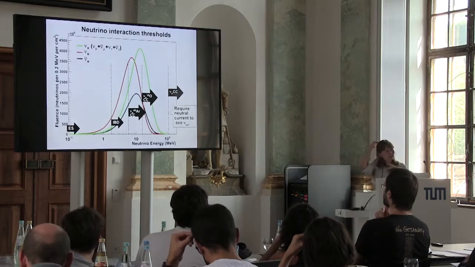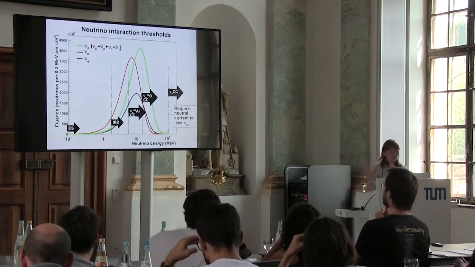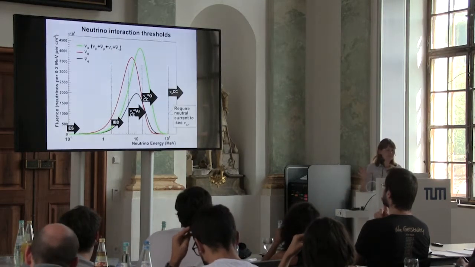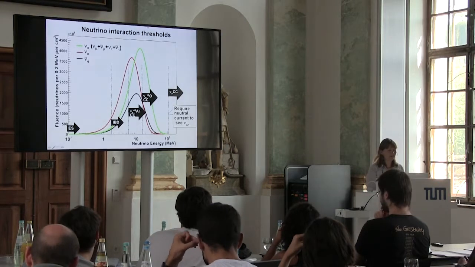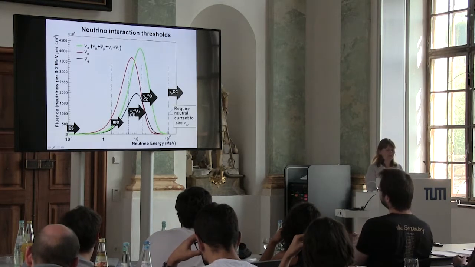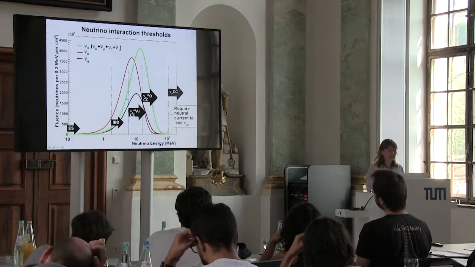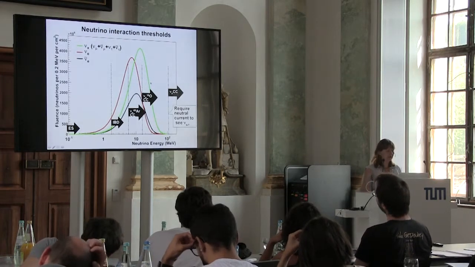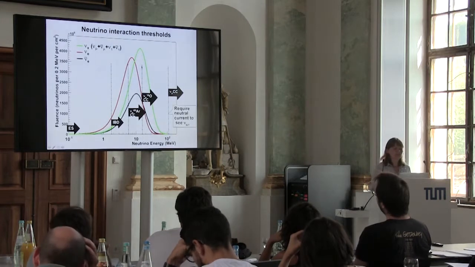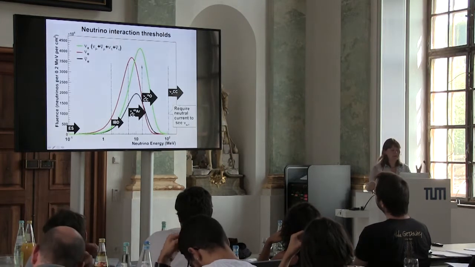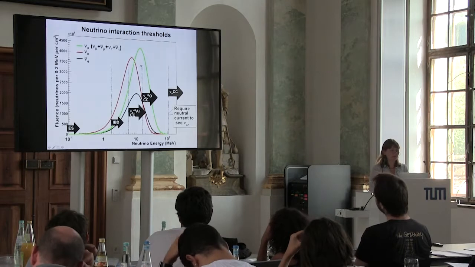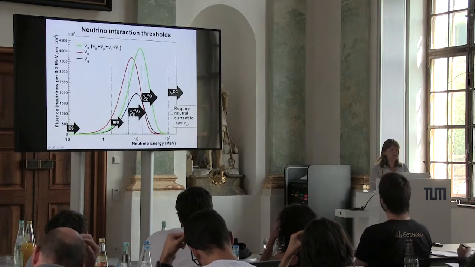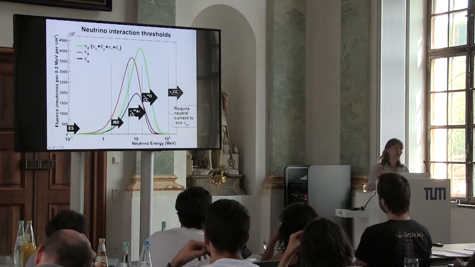Okay, now I just want to make a point here about interaction thresholds. This is a log scale in X. These plots here are the spectra that you expect, the quasi-Fermi-Dirac kind of spectra from the three different flavors. And here, these vertical lines are thresholds for different interactions.